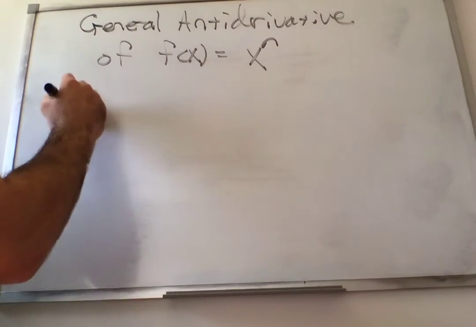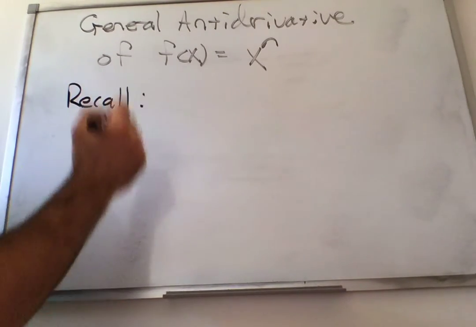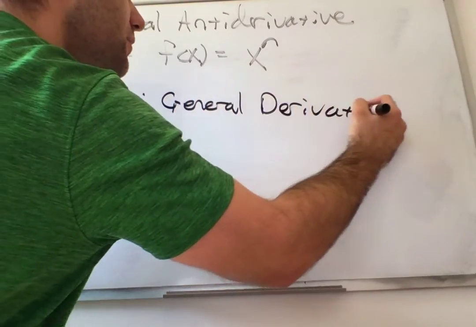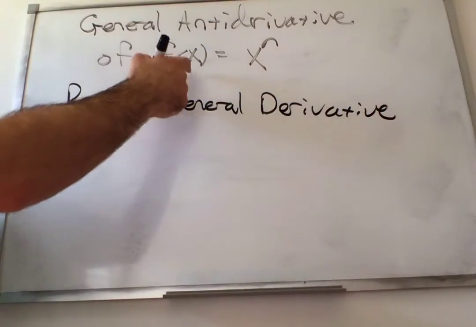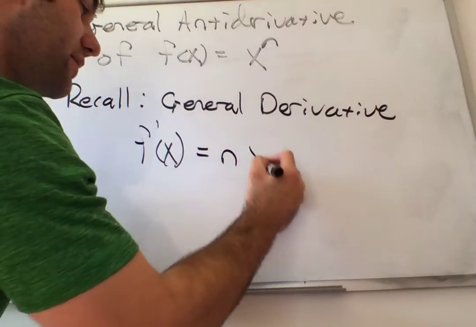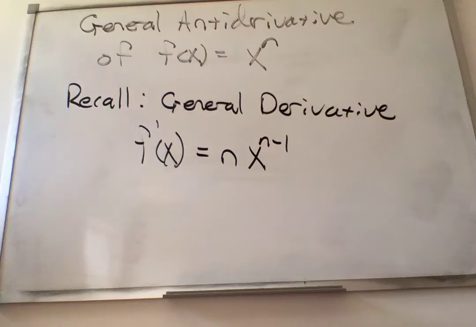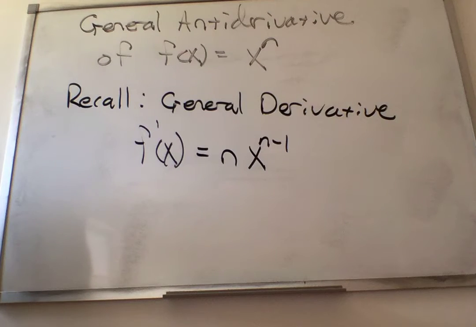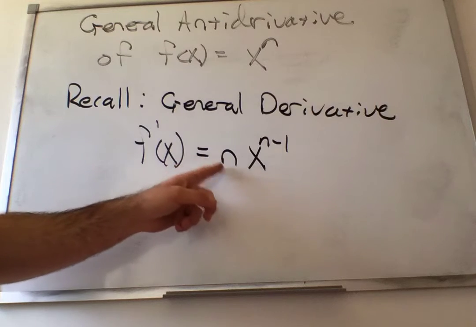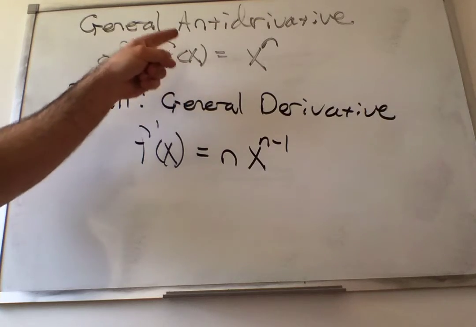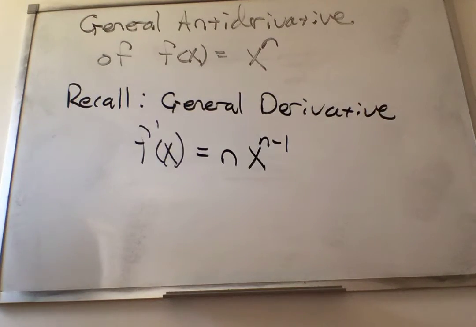Now, just recall the general derivative of this, f prime of x, is equal to n x to the n minus 1, okay? Let's think about this process and think about how we would go backwards, because once we figure out how to go backwards here, we could use this to go backwards from here to get the antiderivative.